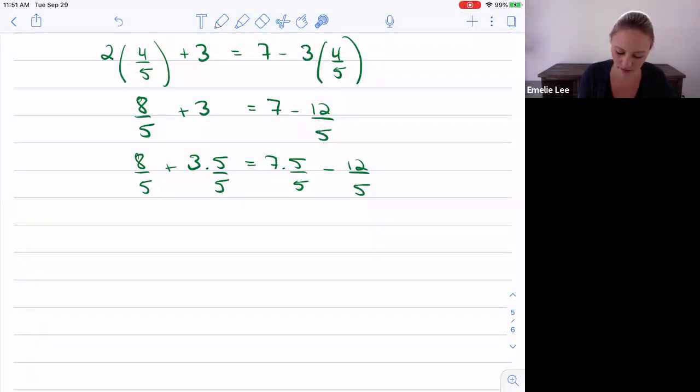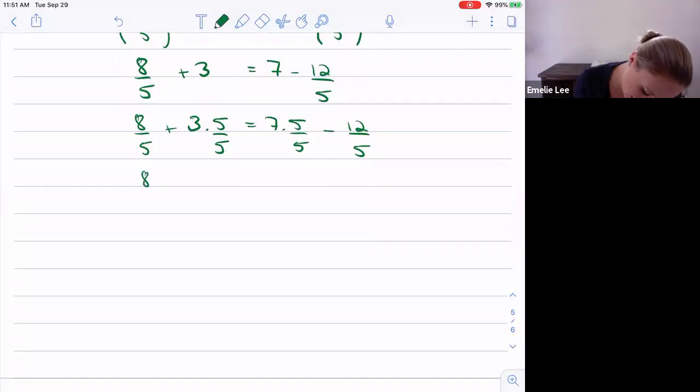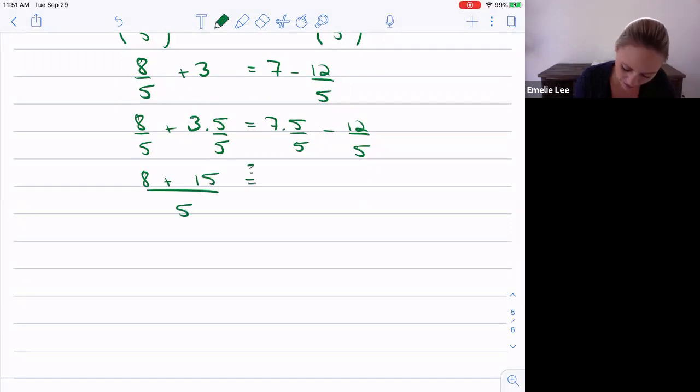Remembering that trick to get that common denominator, because if we're adding or subtracting fractions, we have to have that common denominator, right? And so we have 8 plus 15 over 5. Hopefully it equals 7 times 5 is 35 over 5 minus 12 over 5.